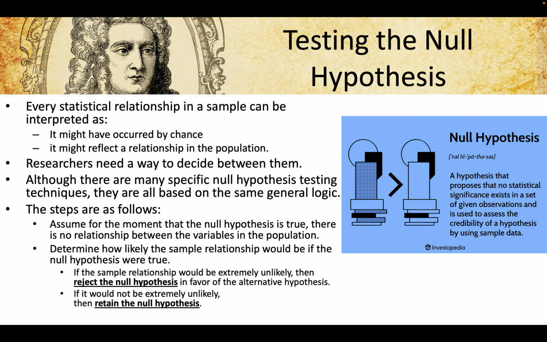There is no relationship between the variables in the population. Determine how likely the sample relationship would be if the null hypothesis were true. If the sample relationship would be extremely unlikely, then reject the null hypothesis in favor of the alternative hypothesis. If it would not be extremely unlikely, then retain the null hypothesis.